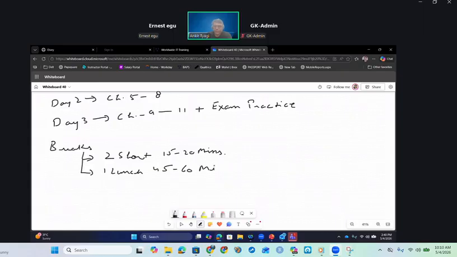Again, that would depend on the pace that we are moving forward at. So 1 short break in the first half, another short break in the second half, and then 1 lunch break is what we usually plan for.